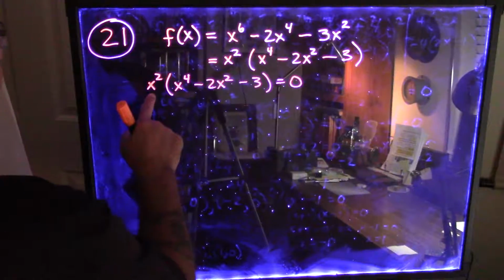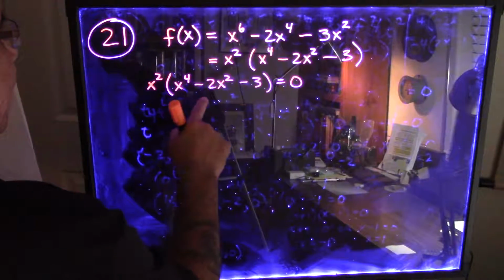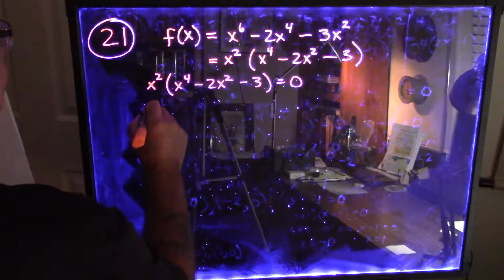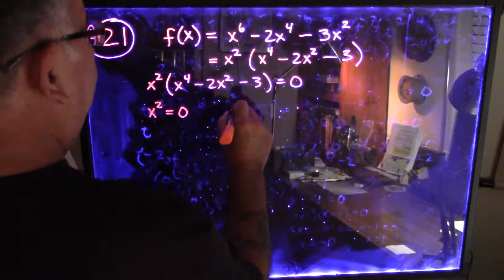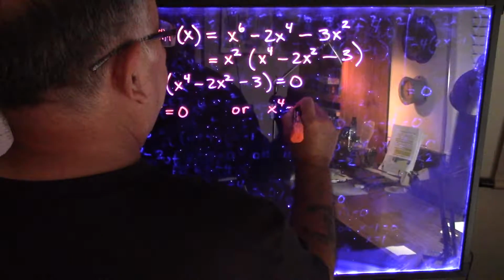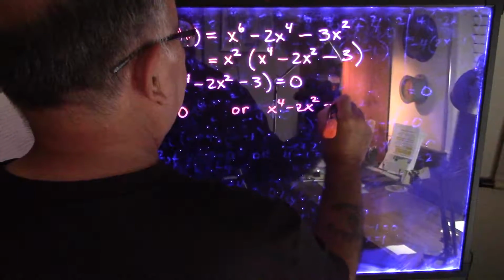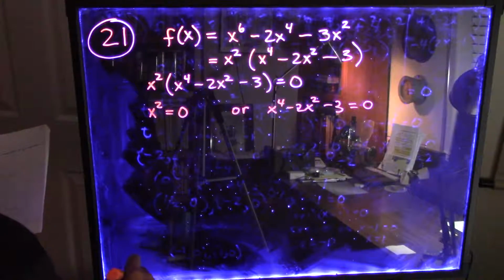And then that means this factor equals 0, or this factor equals 0. So x squared equals 0, or x to the fourth minus 2x squared minus 3 equals 0.